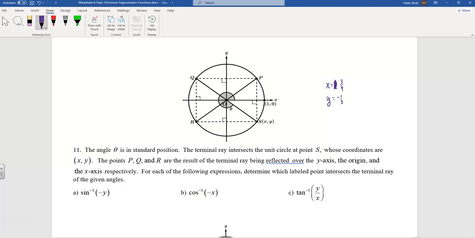I'm just making things up there. That's probably not actually on the circle. But the y value is negative right here, but they've called it y. So it's a little confusing.